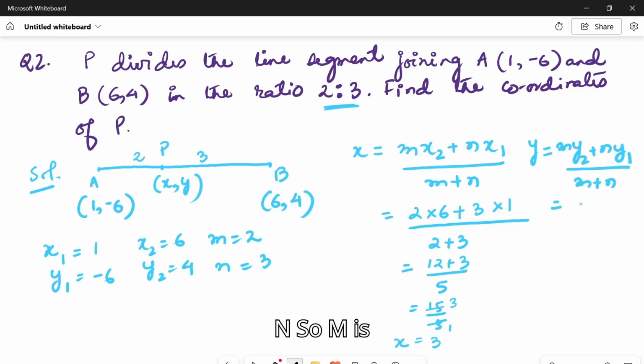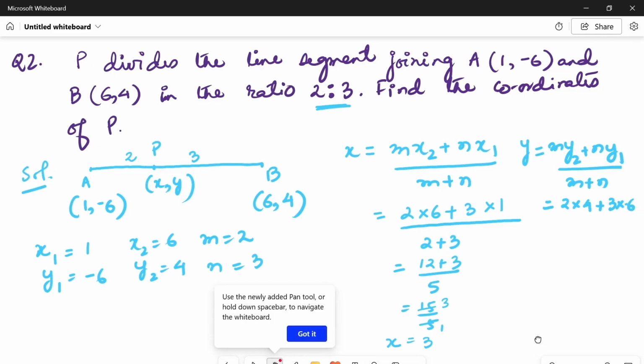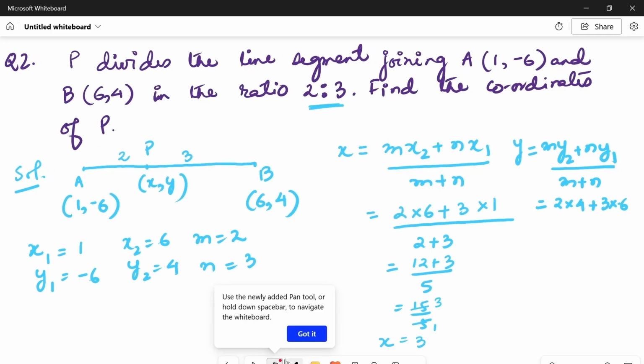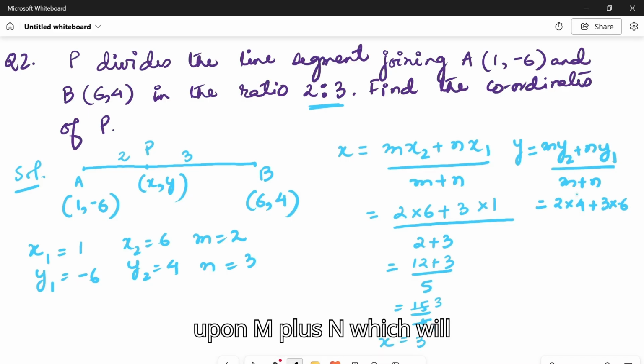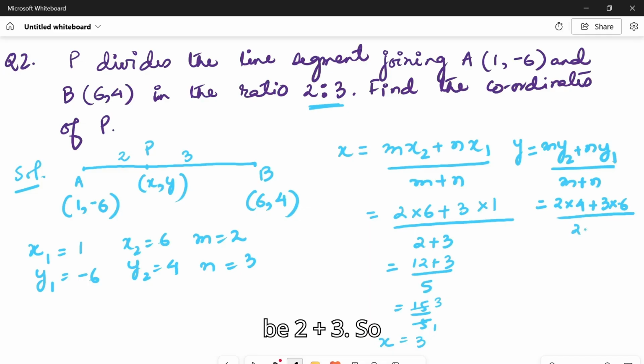So m is 2, we will write 2 into 4 plus n, n is 3, so 3 into y1, which is -6, upon m plus n, which will be 2 plus 3.